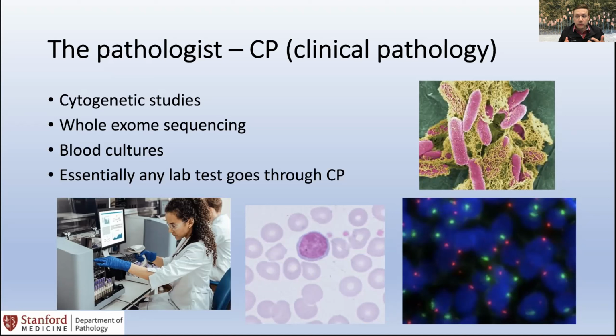And in the perinatal world, especially, that would include things like cytogenetic studies or exome sequencing, basic blood cultures in cases of sepsis or chorioamnionitis. Literally any lab test is in some way going to go through CP, or clinical pathology. So that's what pathology is in a nutshell.